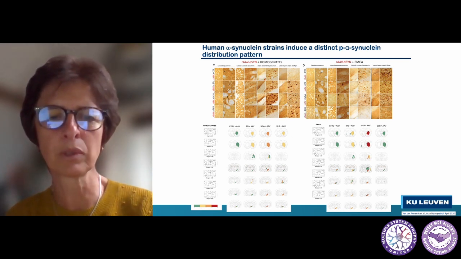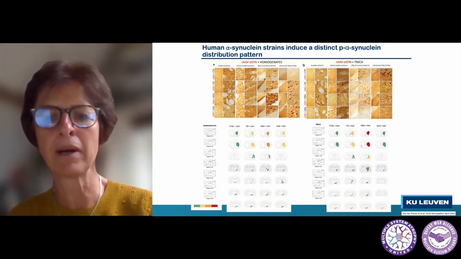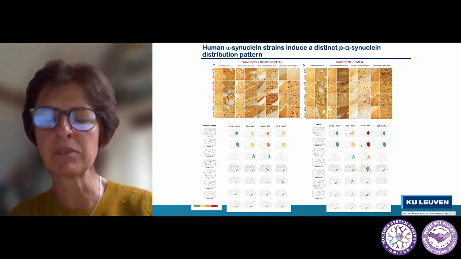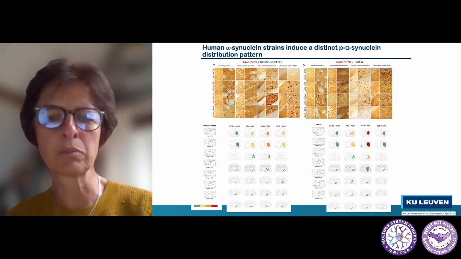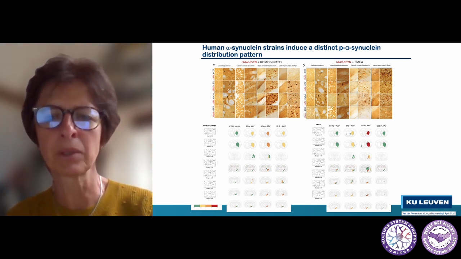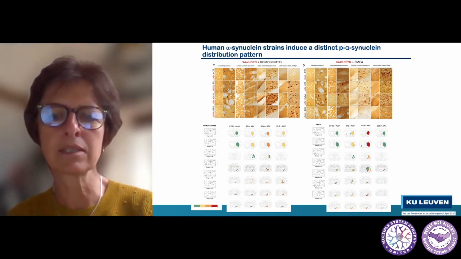So it gives a visual representation of the pathology that we found. What was striking is that in both groups, both the homogenates and the PMCA-derived fibrils, the MSA group shows the most extensive spreading and pathology compared to the other ones. And strikingly, the DLB showed less alpha-synuclein pathology, and PD was a bit in between.